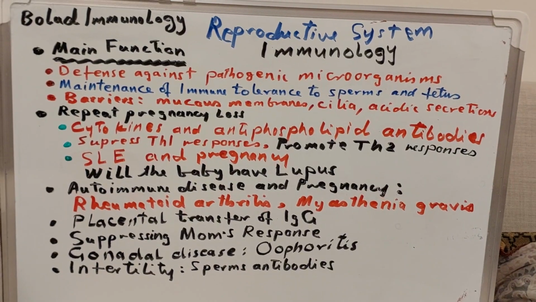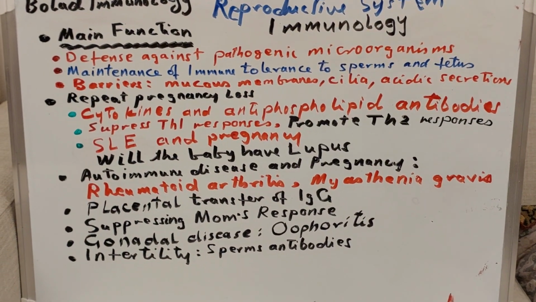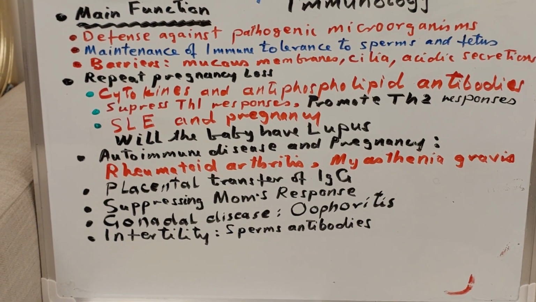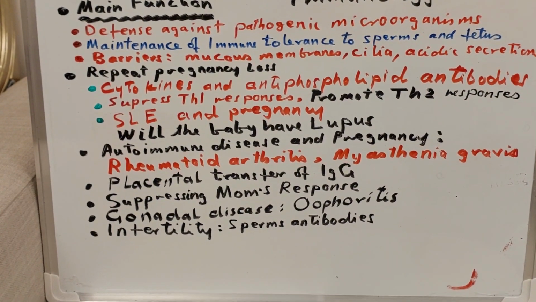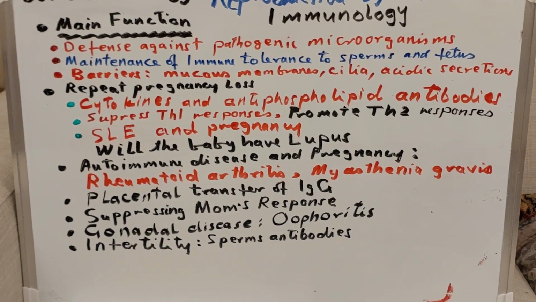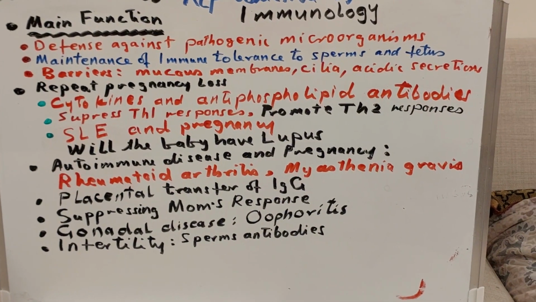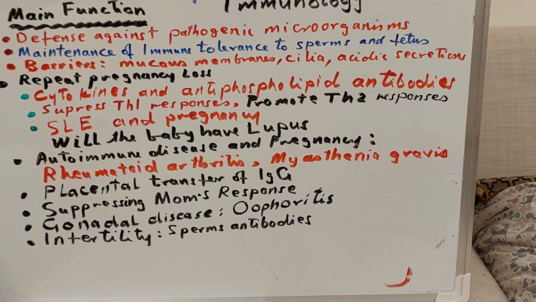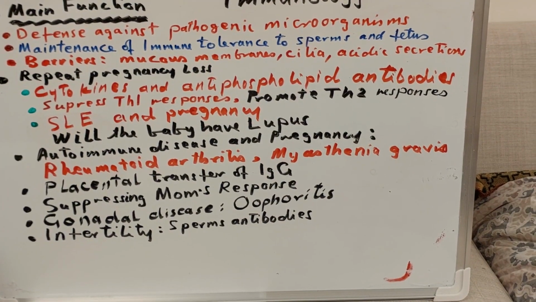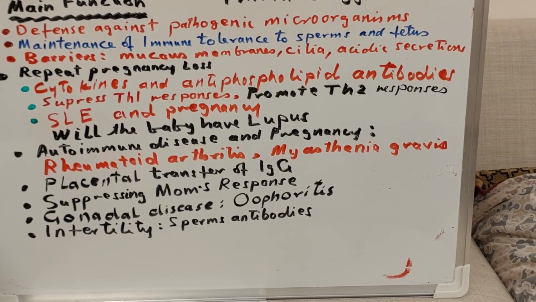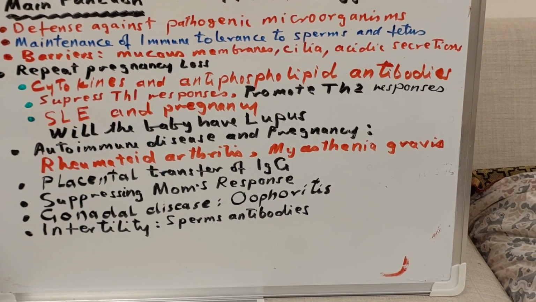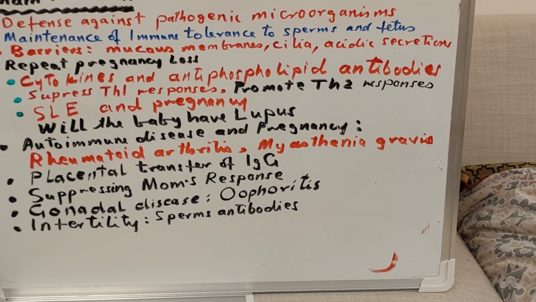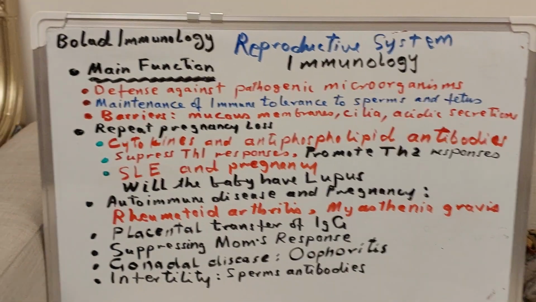These antibodies are called antiphospholipid antibodies, the lupus anticoagulant or anticardiolipin. These antibodies may cause blood clots in the placenta, so women who get pregnant after 5 to 6 months of remission are less likely to experience lupus flare.